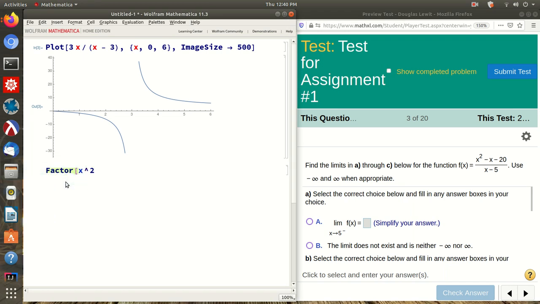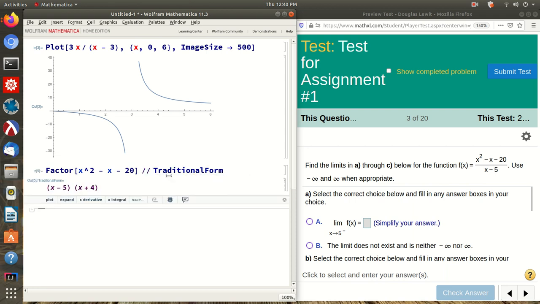Factor x squared minus x minus 20. We can make that look a little prettier. Yeah, so x minus 5 is indeed a factor of x squared minus x minus 20, which means this is really the same as the function x plus 4, except there is a point of discontinuity when x is equal to 5.